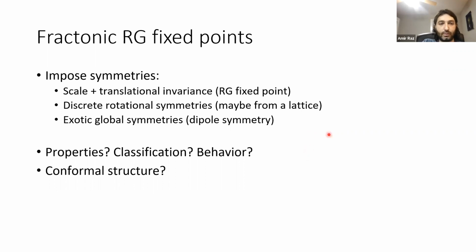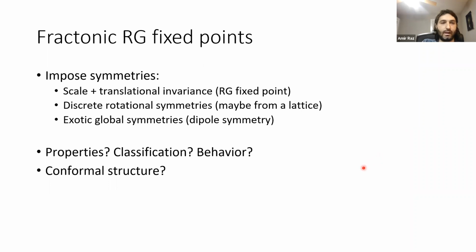And then we can start asking, if we just look at models that have these properties, that have these symmetries, what properties do they have? Can we maybe classify something about their behavior? What I'll focus on in this talk is, do they have any emergent conformal structure? This is the question we were interested in studying, because typically scale invariance plus rotational invariance implies, at least in a broad category of theories, that you have some sort of conformal invariance.